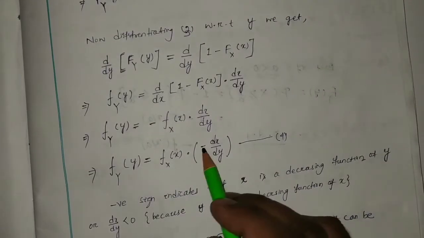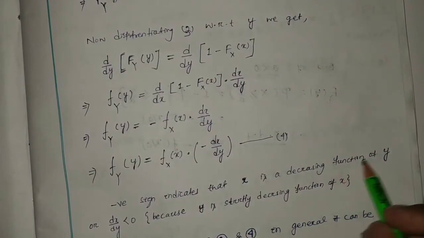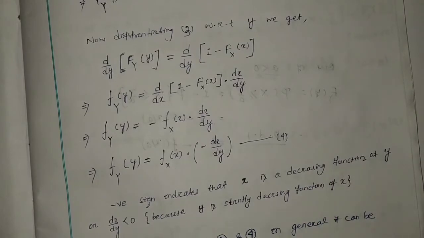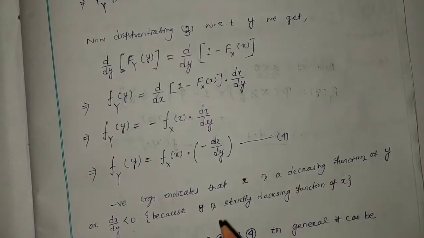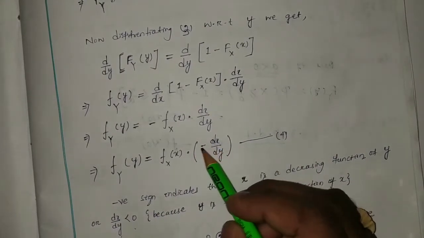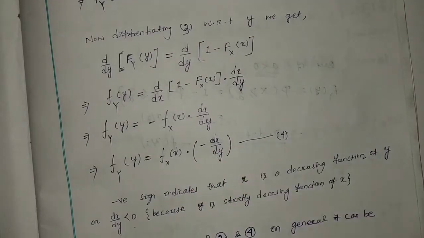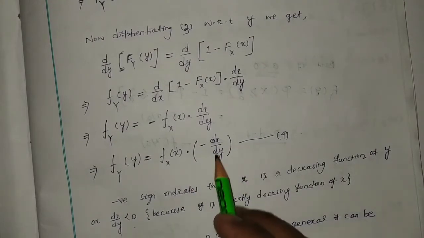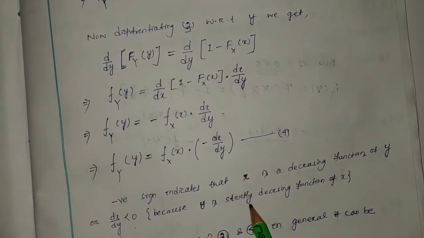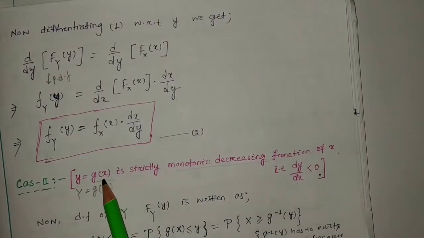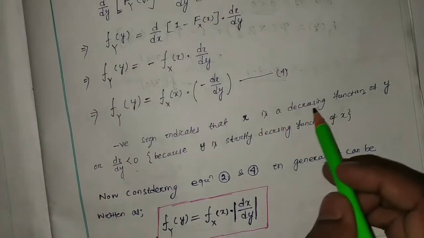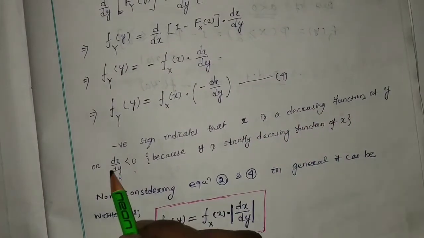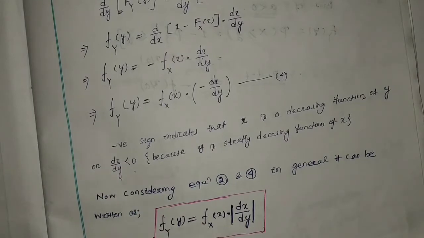This negative sign represents that x is a decreasing function of y, or dx by dy is less than 0. Since dx by dy is negative, the negative sign automatically came up. Why? Because we consider g of x, or y, to be a strictly monotonic decreasing function of x, so obviously x is a decreasing function of y, or dx by dy is less than 0.